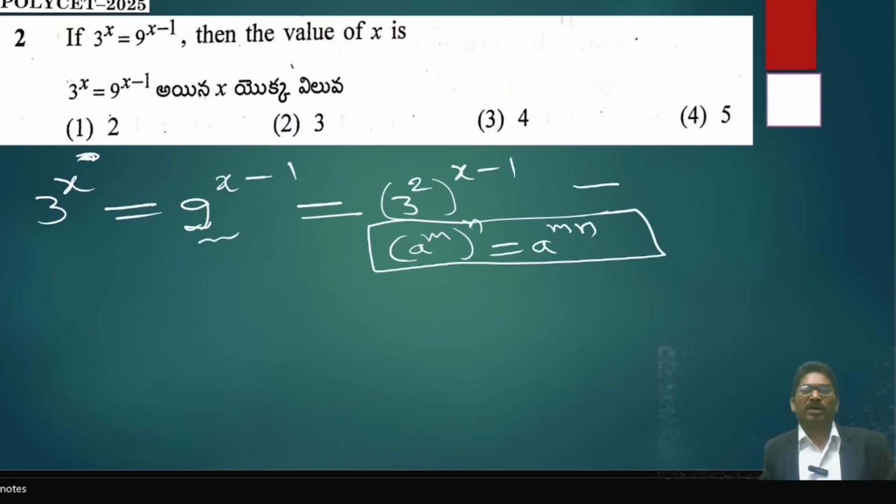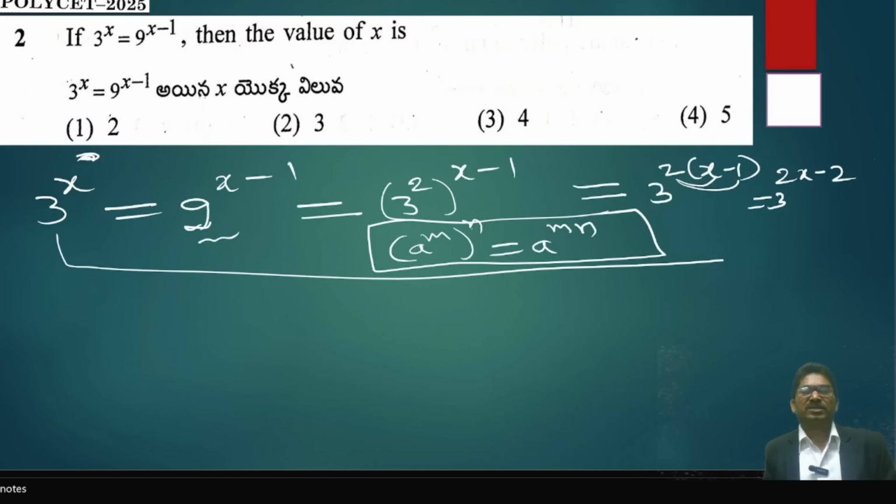Basing on this formula we can write 3 to the power of 2 into x minus 1, which is 3 to the power of 2x minus 2. So now the bases are equal, 3 and 3. So the powers should be equal: x is equal to 2x minus 2.